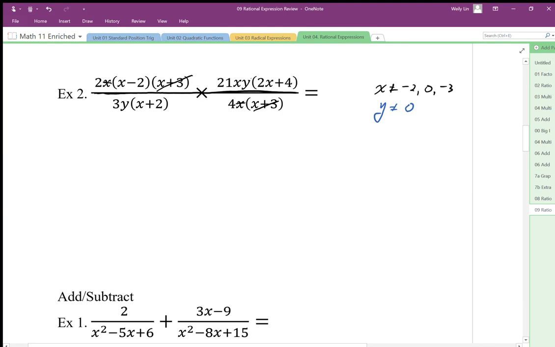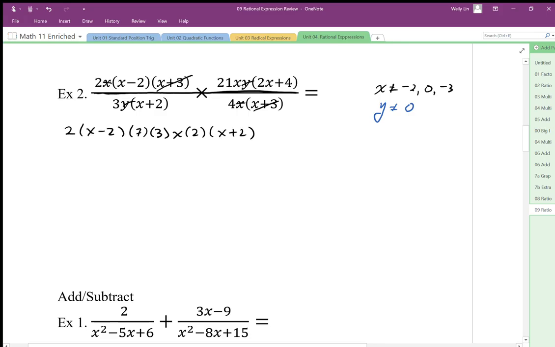But again, once I start getting a little bit more complicated, I'm going to just write down my factor pieces that are left over. That 21, I'm going to change into 7 times 3. I've got an x, okay, and I also have a times 2 and x plus 2. So I factored the 2x plus 4.